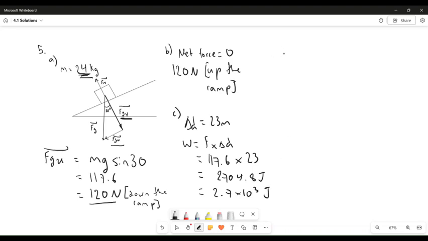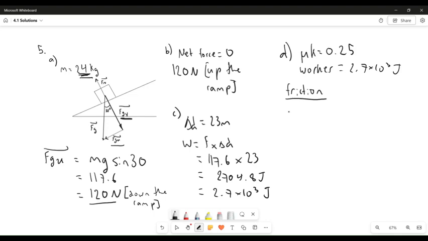Okay, now it's time for part D. So in part D, we have the coefficient, which is 0.25. And we already know the worker is applying a force of 2.7 times 10 to the power of 3 joules. Now the friction, now we need to figure out the work that friction does in this question.